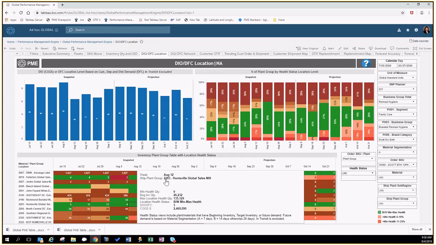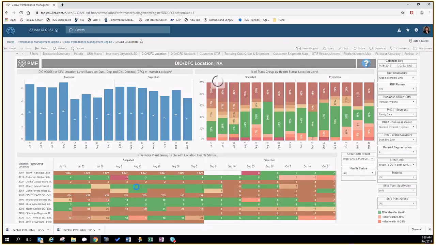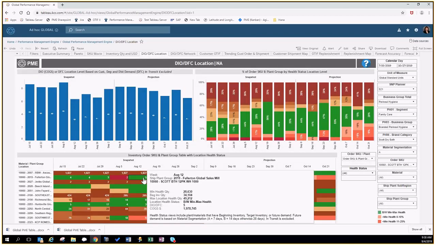So right now we're looking at plant group. If I were to change this to order SKU, then the colors are going to change based on the order SKU min health and beginning inventory and max health. See that it changes to those numbers.